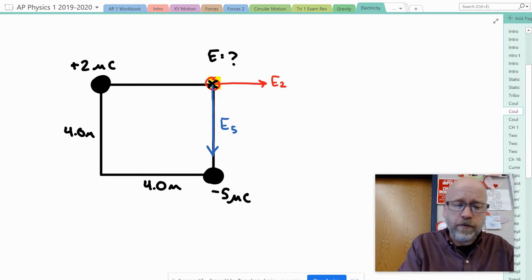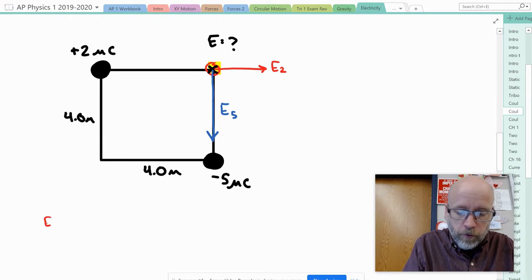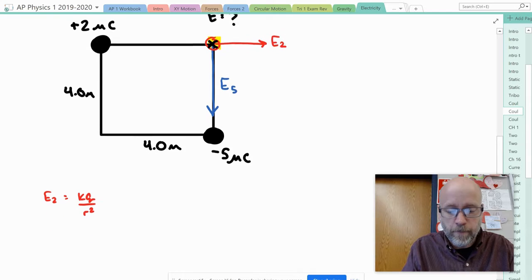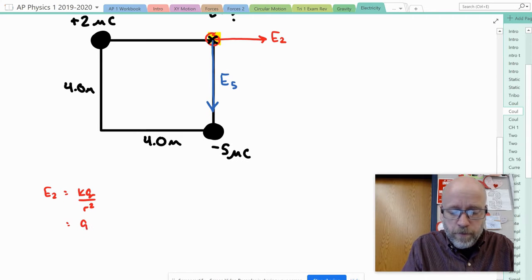So how do we find the electric field? Well, the electric field for a point charge, we can solve for using kQ over r squared. And the numbers here are pretty easy. We've got 9 times 10 to the 9th. Q is going to be 2 times 10 to the minus 6.